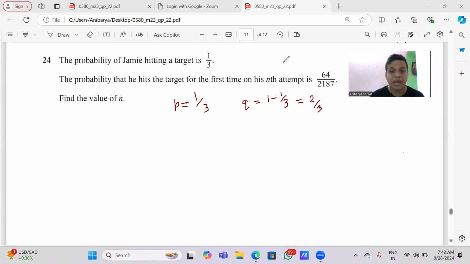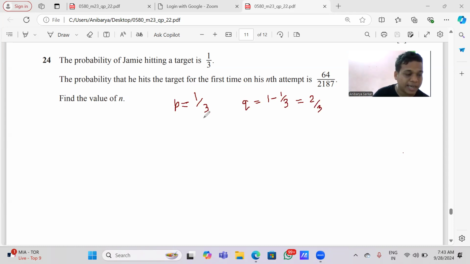He said that the first hit is on the nth attempt. The probability that he hits the target for the first time on his nth attempt is 64 by 2187.